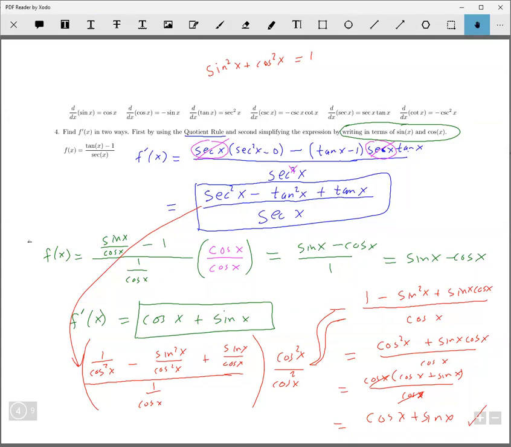So sometimes the product rule makes things harder, or the quotient rule could make things harder for you to do. Sometimes doing it one way is easier than another way. So a lot of times the quotient rule makes it easier. Sometimes it makes it harder to do.